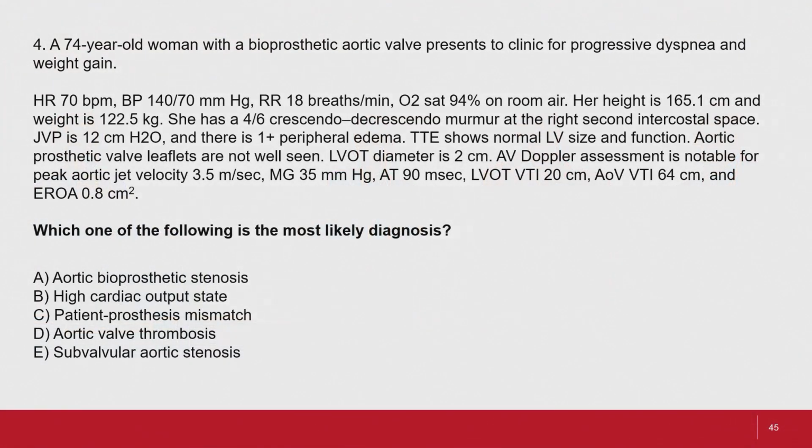We don't have any prior echoes to compare to, because patient-prosthesis mismatch is usually something more chronic. In the real world, such that Mayo Clinic is the real world, I would do a TEE to assess this more. I wouldn't necessarily be done here. So either a TEE or a cardiac CTA to visualize the leaflets. AI feels very confident in its answer, so I don't know what's wrong with you guys. All right, what's the choice here?